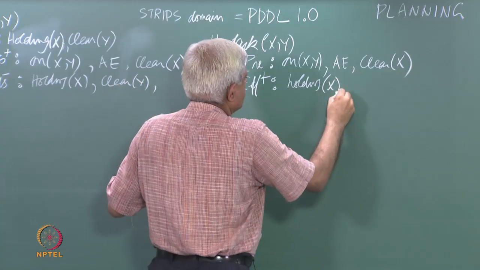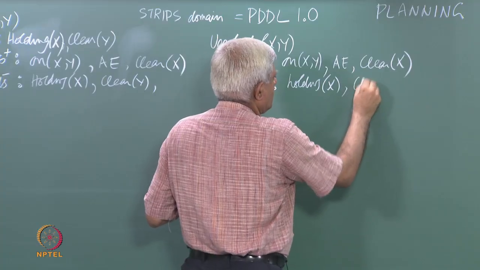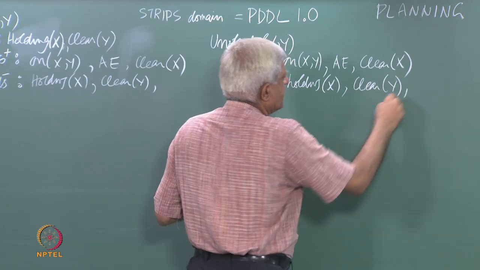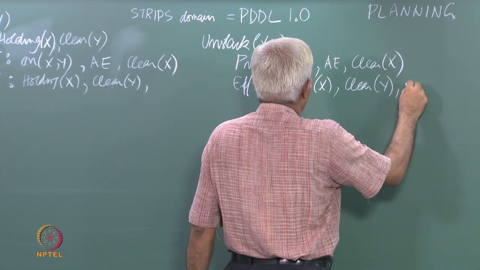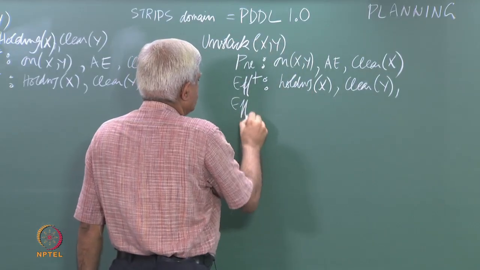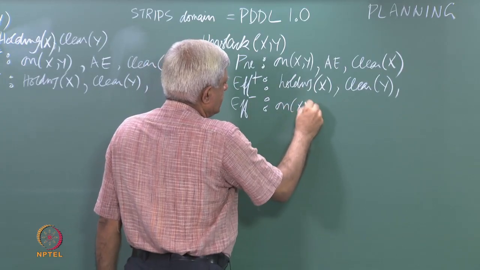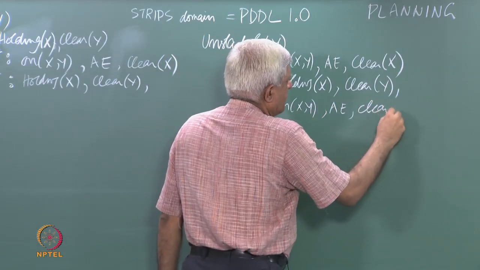So, you can see here there is a kind of an association with that clear y, and the negative effects are on x y, arm empty and clear x.